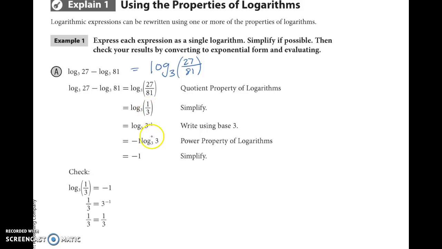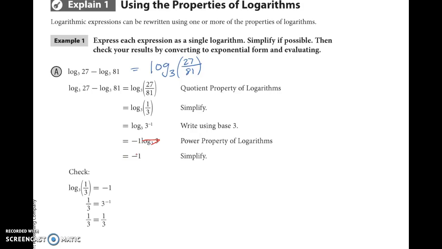Now 1 over 3 can be written as 3 to the negative 1 power. And when we do that, this negative 1 power can move to the front using our exponent properties of logarithm. And then this log base 3 of 3, well, that's one of the definitions on that chart that I said were really important. So this cancels each other out, and I get negative 1.